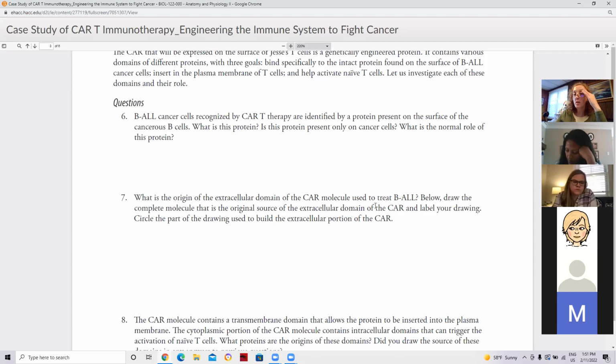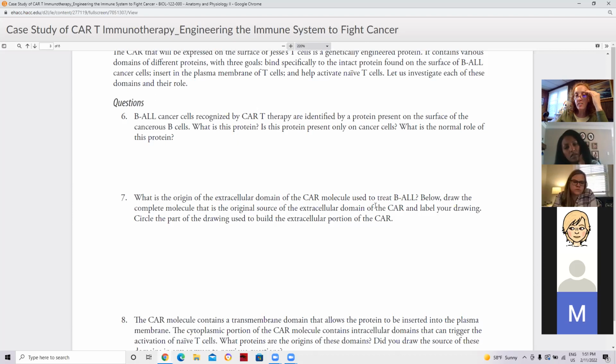One more time, because I'm saying it multiple ways. This protein is present on cells besides cancer cells, because it's a marker that's found on all undifferentiated naive B cells.